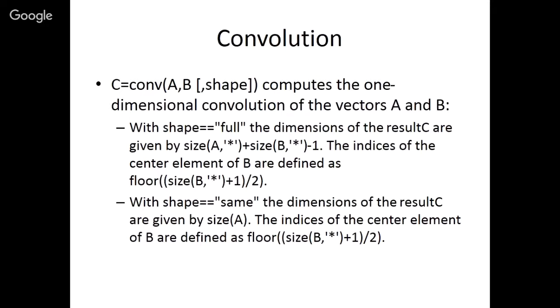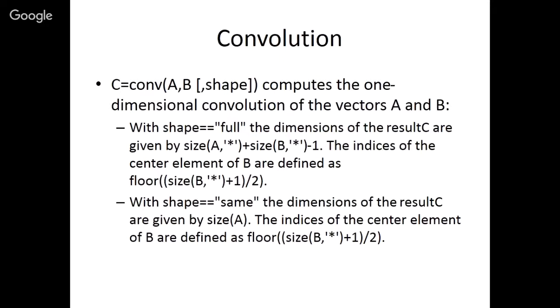So here also in SCILAB programming, shape gives two options. One is full. If you give full, then you will get all the values, that is size of A plus size of B minus 1.